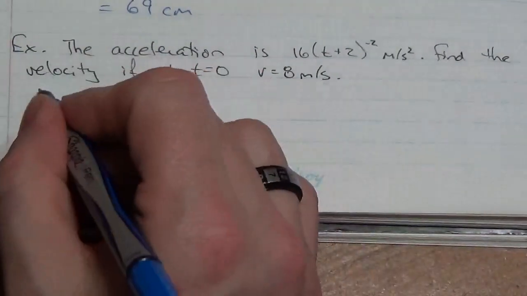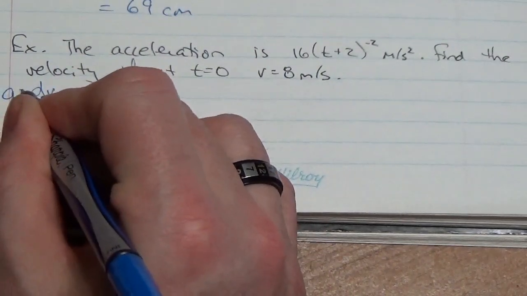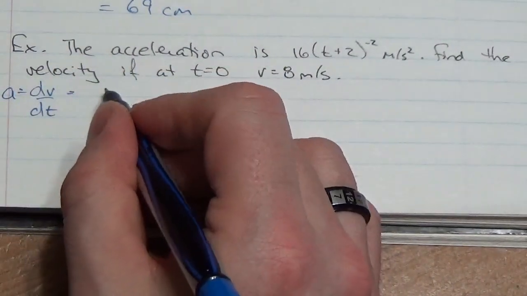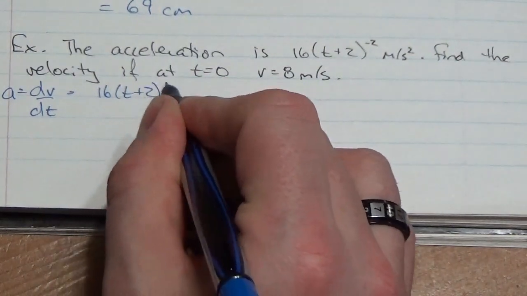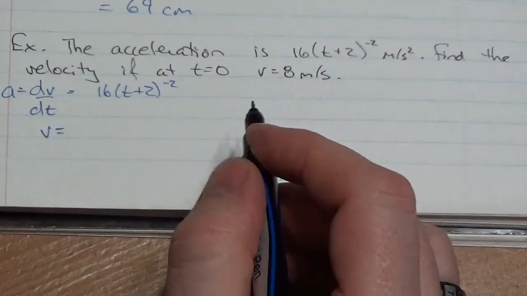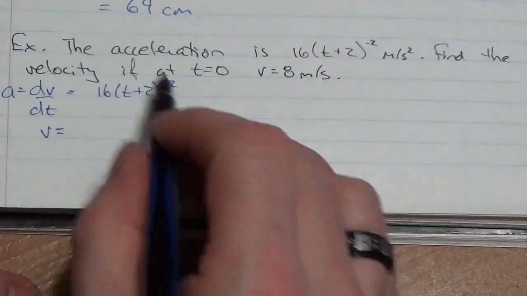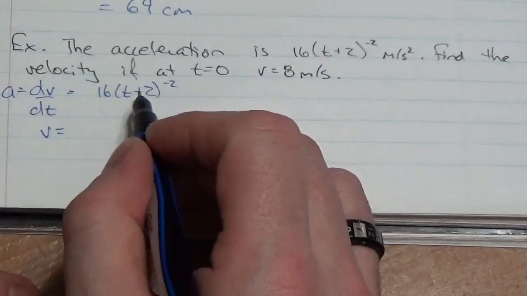So let's do that. So dv by dt, remember this is my a, my acceleration, this is going to be 16 t plus 2 to the negative 2. Now that means velocity is going to equal, well, let's take a look at this. This really does look to me like an example of the chain rule being used here.